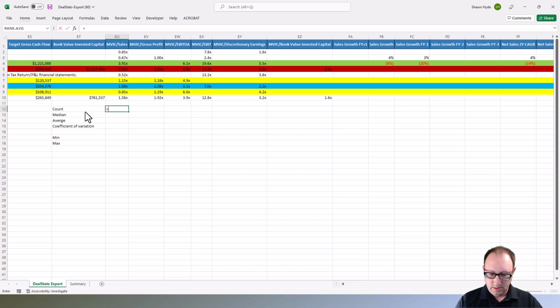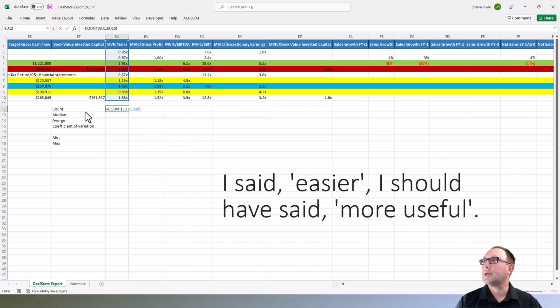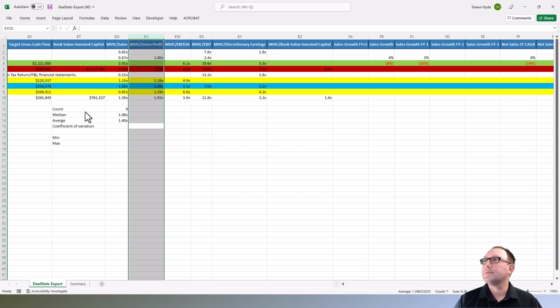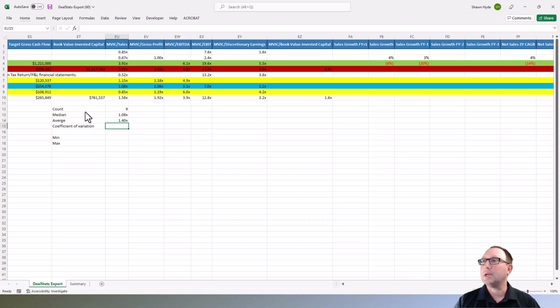If I have a lot more data, it becomes easier to do this kind of count. I'm going to do it this way: median, average. If I have a lot of data, I want a count so I can know for certain if I've got 47 or 43 data points. Plus, I'm going to copy these formulas across to the other multiples. Not every multiple is reported, so that count will change.